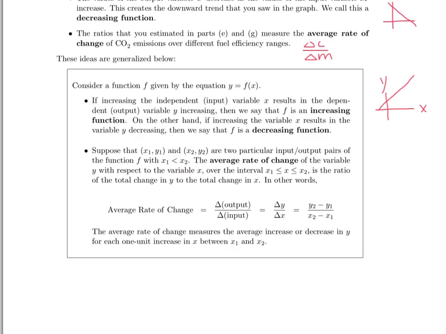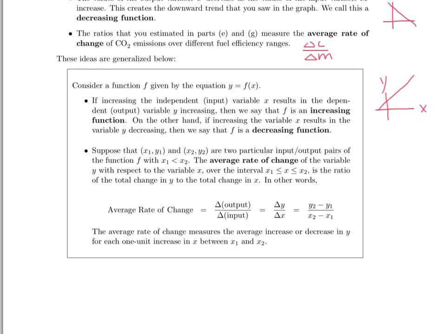Then the average rate of change of the output variable with respect to the input variable x over this interval, so this would be like our range in the fuel efficiencies, like the 30 to the 50, for example, is the ratio of the total change in y, in other words, the total change in the output, to the total change in x, in other words, the total change in the input.